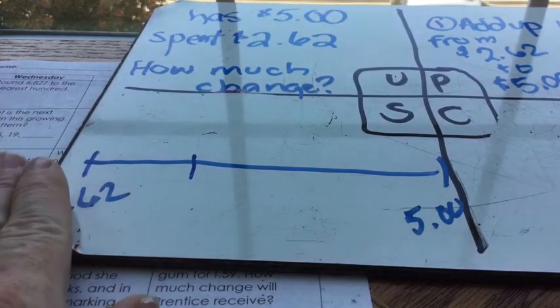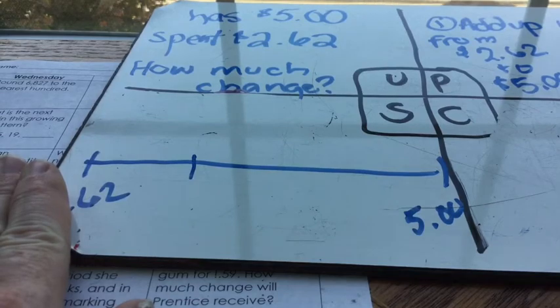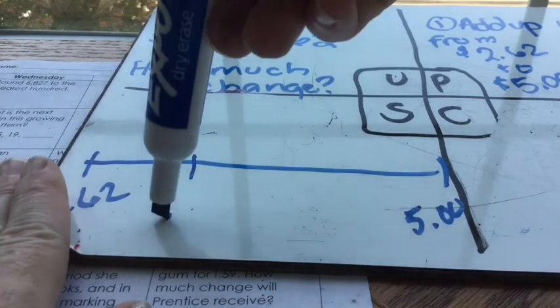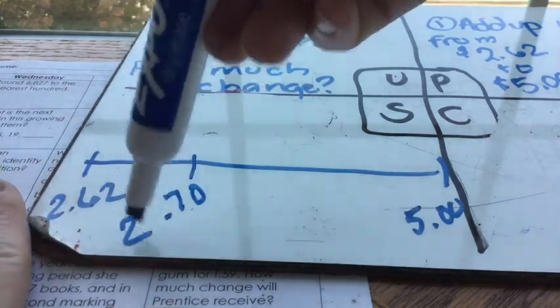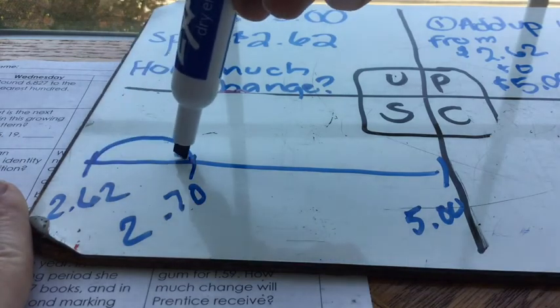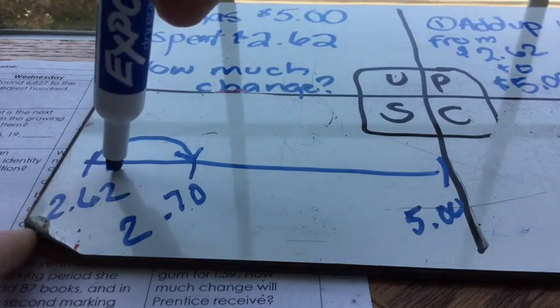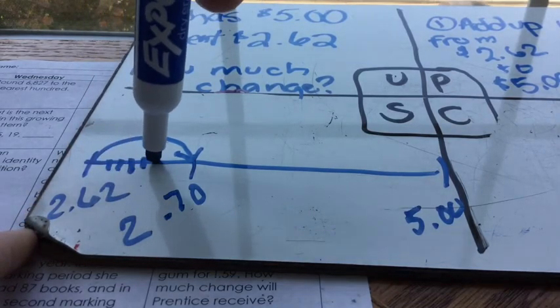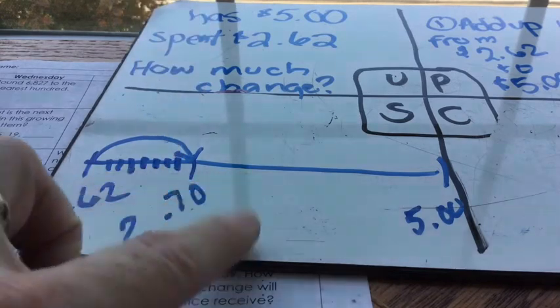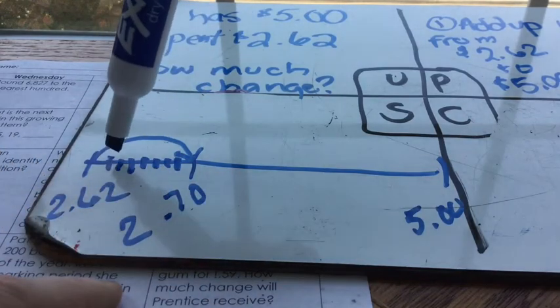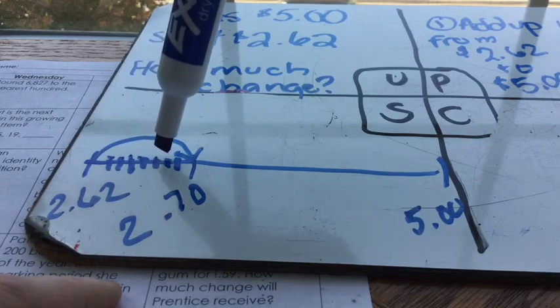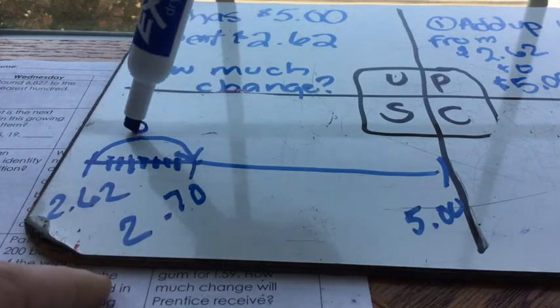So don't worry about the dollars, 62 cents. My next 10 would be 70. So I'm gonna go from $2.62 to $2.70. I need to figure out how much money was that. $2.62, 63, 64, 65, 66, 67, 68, 69, 70. So that was 1, 2, 3, 4, 5, 6, 7, 8 cents.